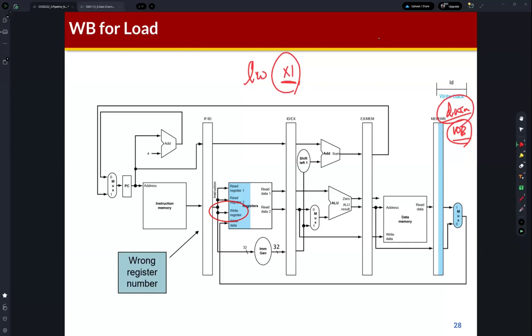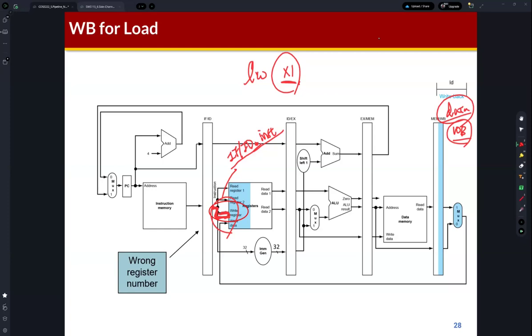But in this figure, you can find that write data is connected to this instruction. So what is this? This is the output of the instruction fetch and ID stage, so we can represent this as the instruction fetch slash ID dot instruction.